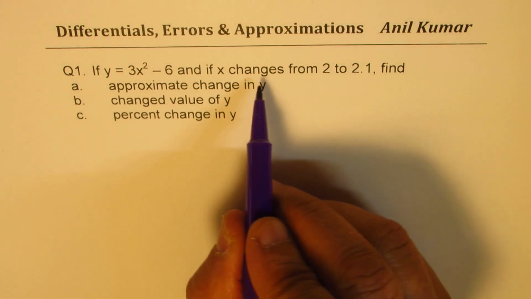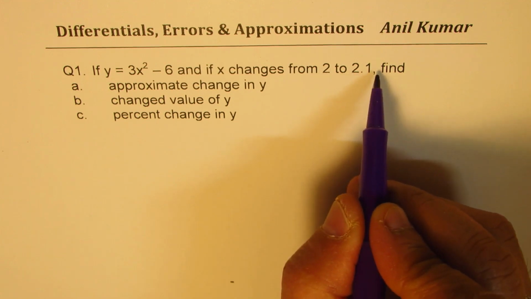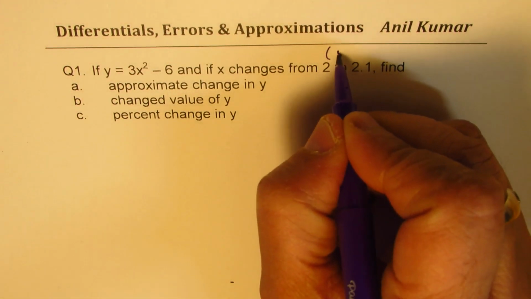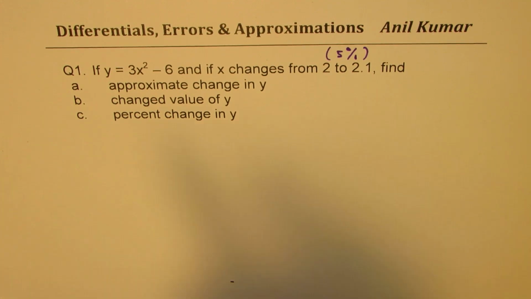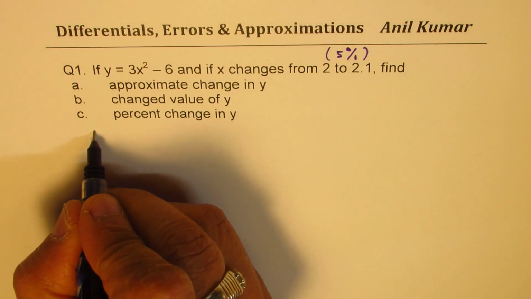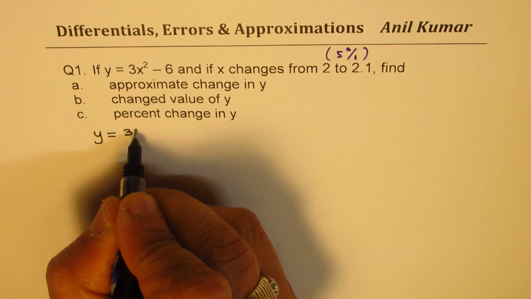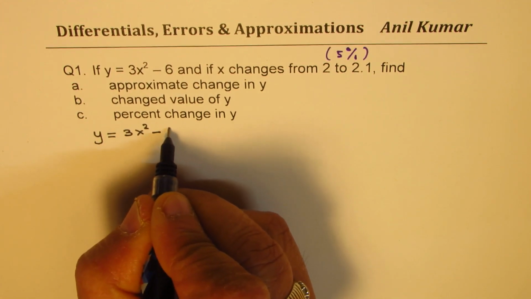When we say that the change is from 2 to 2.1, that means we're talking about a 5% change in the input, right? From 2 to 2.1. 10% would be 0.2. Perfect. So we are given the function as y equals 3x squared minus 6.